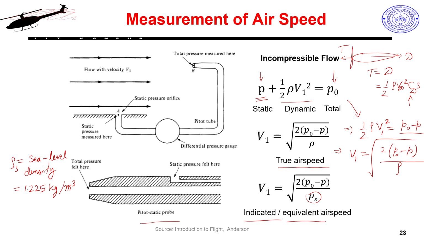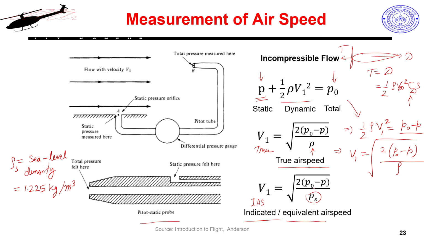Another factor is, between my true airspeed and my indicated or equivalent airspeed, which one do you expect to be higher? So, the question is, this V1, which I will say is true based on this ambient density, or the indicated airspeed, which is going to be higher?